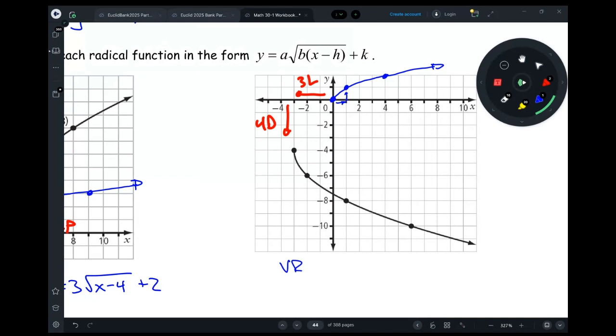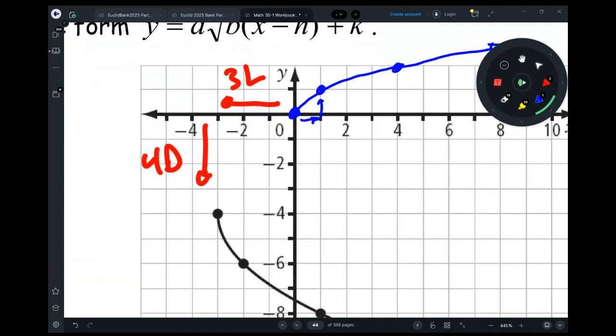And then notice once again, when I look at my points, to go from this point to this point, it's 1 over and then one step vertically. To go from this point to this point, I take a horizontal step of 1, which is the same, but now I've got to take a vertical step of 2.